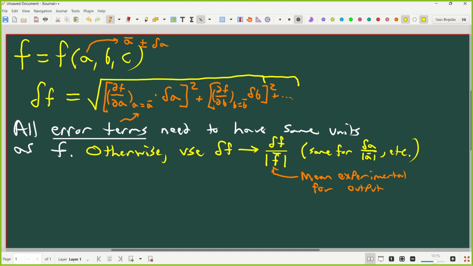Every tick is 1/16 of an inch on a ruler. So if I measure it at, let's say, 1/8 of an inch, I would say naively that my measurement is somewhere between 1/16 and 3/16 of an inch. But in fact, it's less than that because it's a triangular distribution, not an absolute one. And as we learned in the lab, the actual uncertainty is a little smaller than that, right?